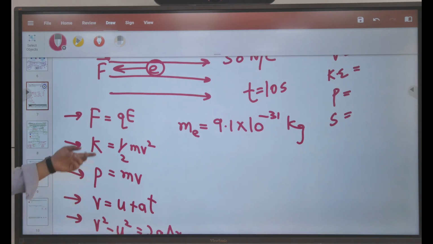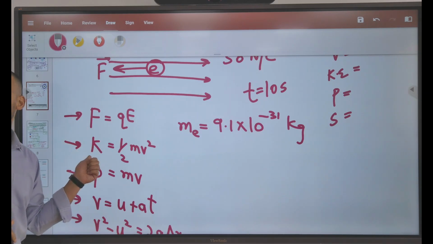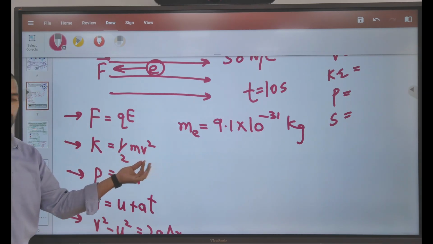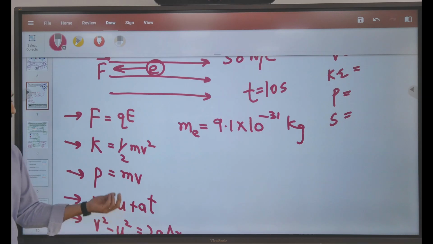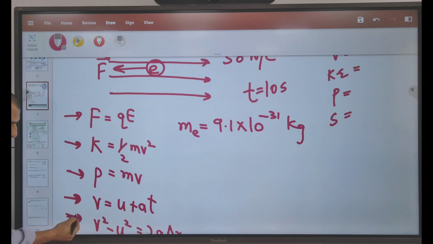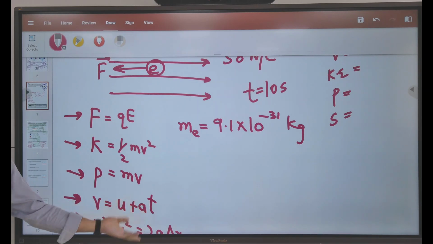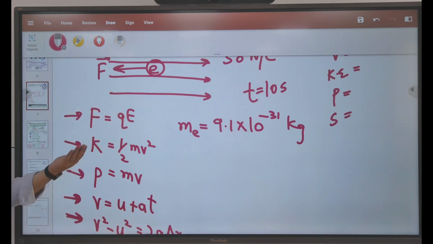See, first of all, to find kinetic energy, we have the mass, we don't have velocity. To find the momentum, we have the mass, we don't have velocity. So we have to find the velocity. And to find the velocity, we have to use this and this equation. But to use this equation, there is another problem. We do not have acceleration. So first find acceleration. How do you find acceleration?